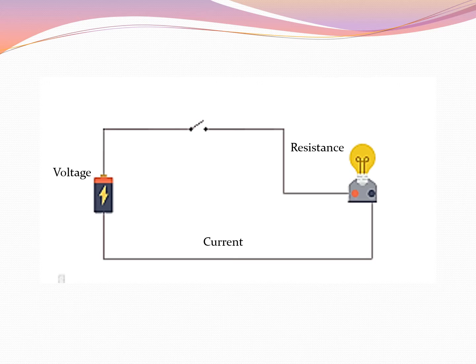Now the resistance means the things that can change the flow of current. We can control or minimize the flow of electricity through the wires by making use of resistors.